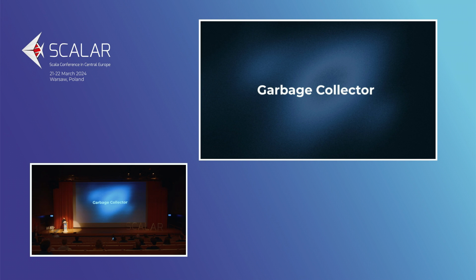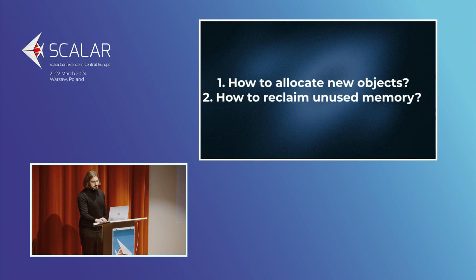But when writing code, we don't take care of it too often. And the garbage collector has two main jobs: how to allocate new objects, and how to reclaim no longer used memory. That's all. Two main jobs. What can go wrong in here, right?